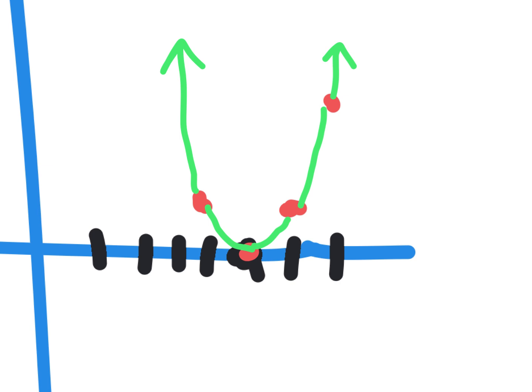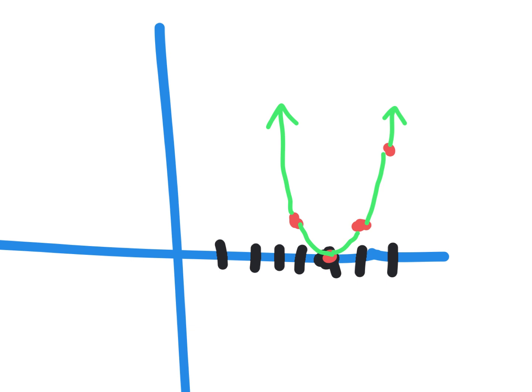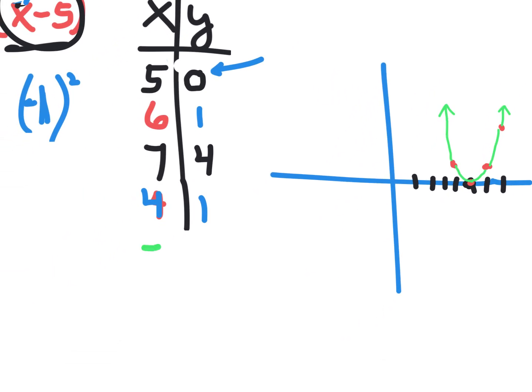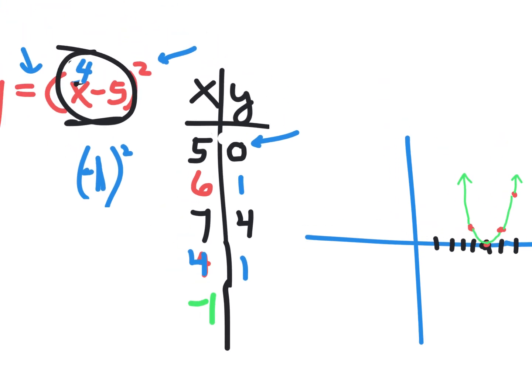Don't we need a negative? Oh, yes, okay. So if we do put in a negative, the bad part about that rule is that sometimes you end up off the graph. But you'll see that at least. Negative 1 goes in. Negative 1 minus 5 is negative 6. Negative 6 squared is 36.